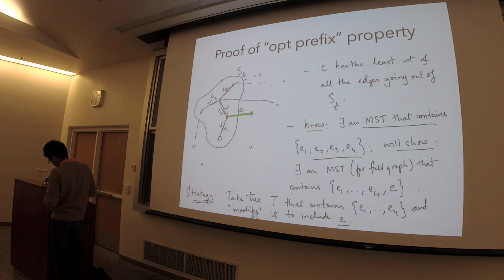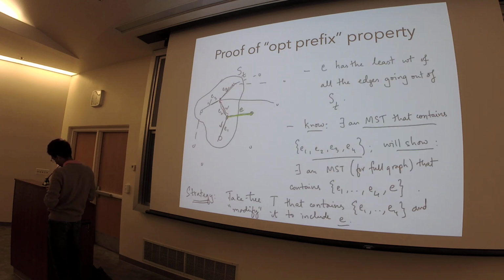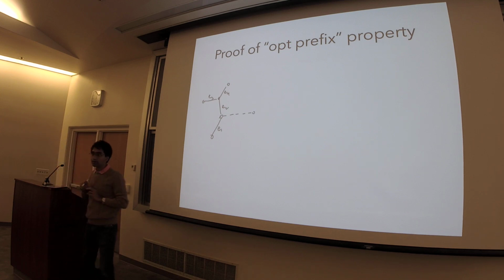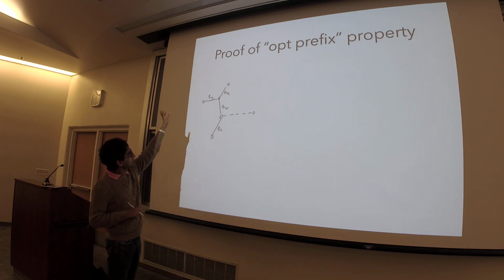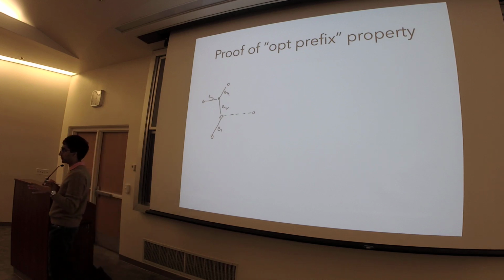So it would have these edges, but it does not contain this edge E that goes out. Right? But note that this is a tree that contains the whole graph. I mean, that contains all the vertices. Right? So this is a minimum spanning tree for the full graph.